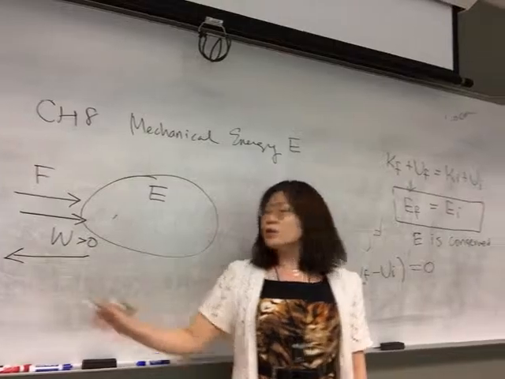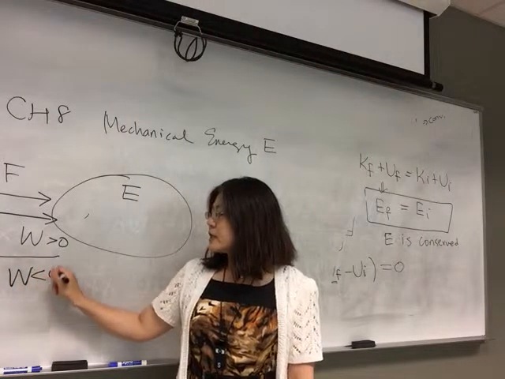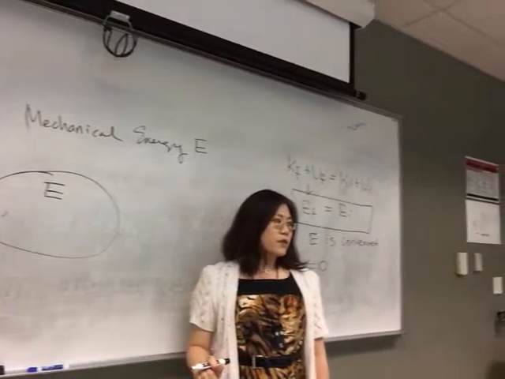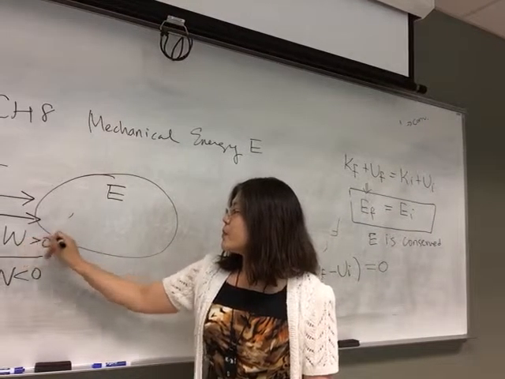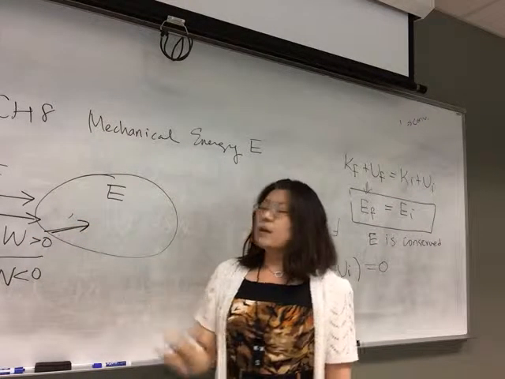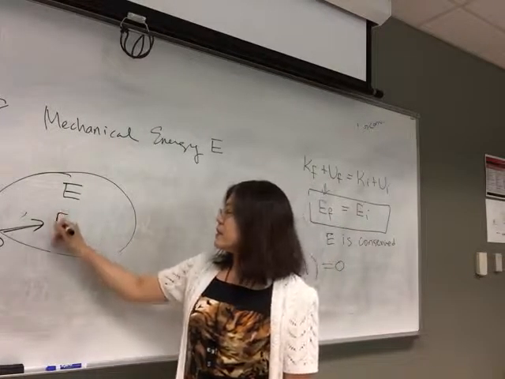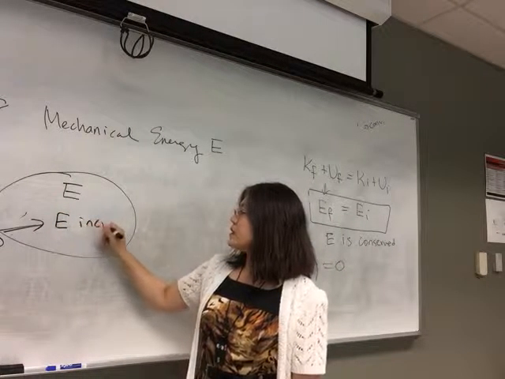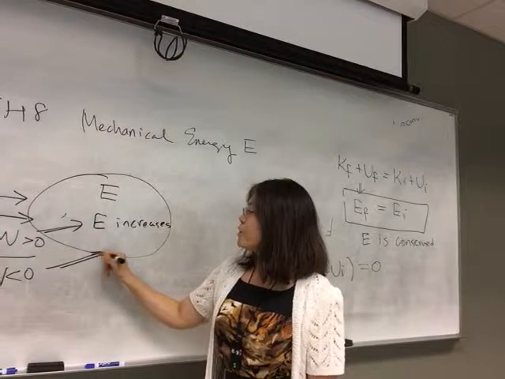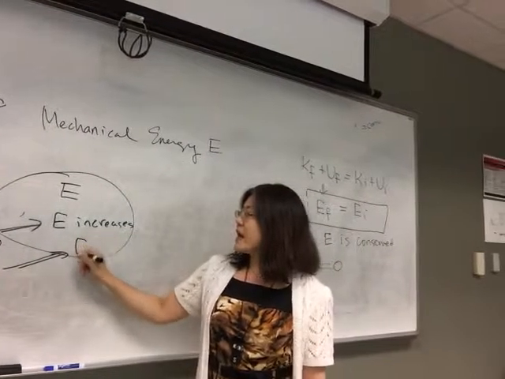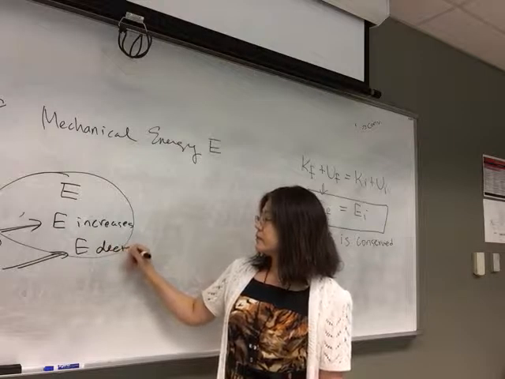When it takes away energy, work is negative, and the energy of the system will be lower. So when you have W greater than 0, it means that the energy of the system increases. And when you have a force that does negative work, it means that the energy decreases.